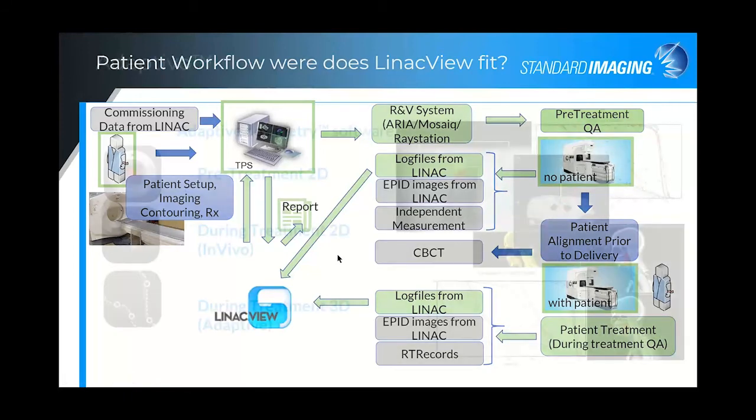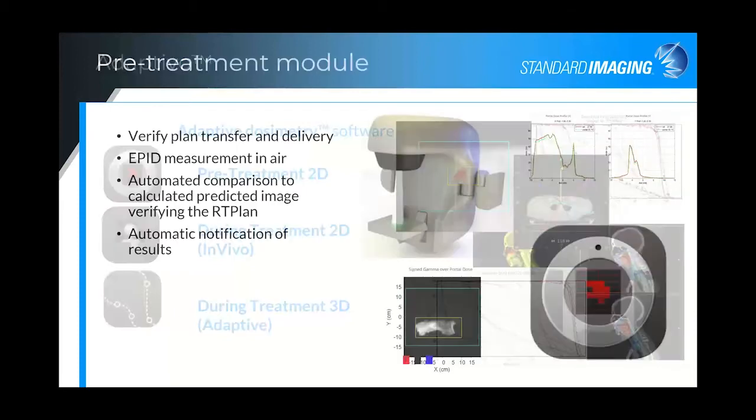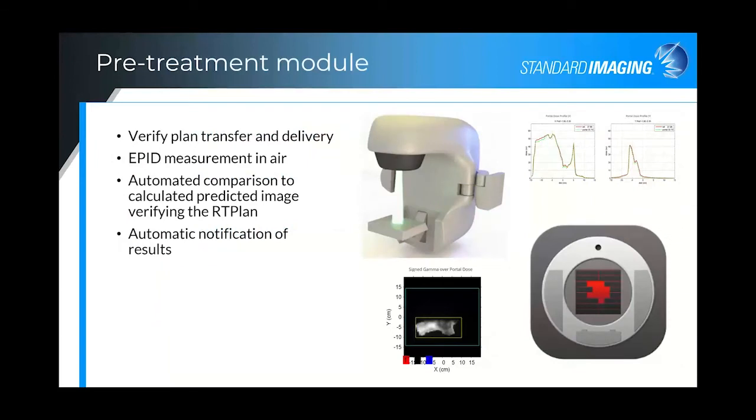So the next complementary solution is Adaptivo, which has modules for pre-treatment and during treatment comparisons, which are both 2D using the EPID imager, and a third module, which provides for independent 3D adaptive patient QA based on the daily cone beam CTs. And I'll go into those modules in a bit more detail.